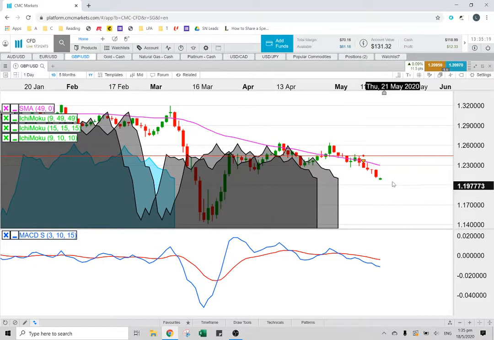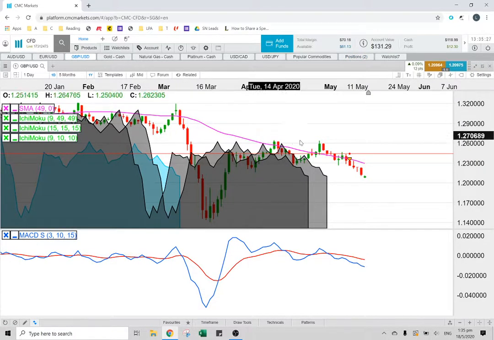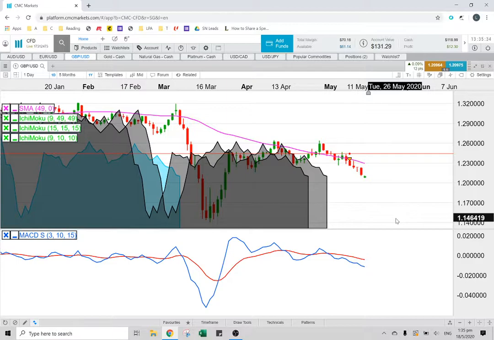Okay, so this is pound dollar, which I have a position in, currently making a little bit of profits. Overall trend is down, but within the next couple of days, 2, 4, 6, within the next 1 week, the trend would start to get a little flat, especially if it does not start to move down over the next 4 or 5 days in the next 1 week.